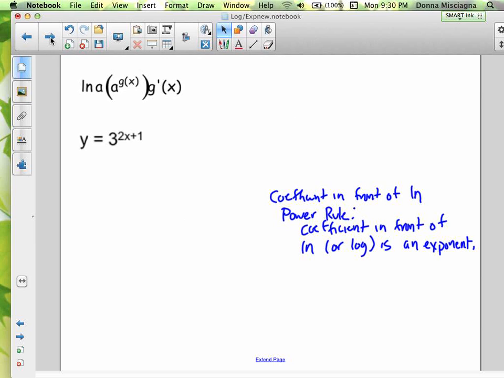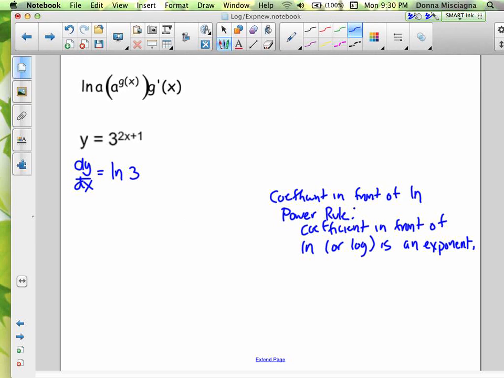All right, so here we have y equals 3 to the 2x plus 1. So our derivative, dy dx, since there's a y there, I decided to use dy dx, is going to be the natural log, our base is 3, so natural log of 3 times the exact base again, so times 3 to the 2x plus 1 power, the exact copy, times the derivative.